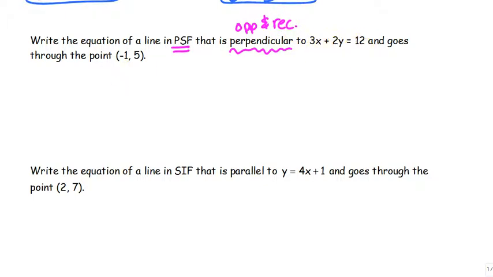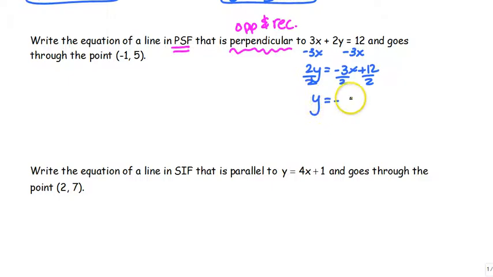So the first thing I need to do is find that slope. 3 is not your slope. Remember, it has to be in slope-intercept form. So I've got to solve for y. I move that 3x over. So we've got 2y equals a negative 3x plus 12. We divide by 2.